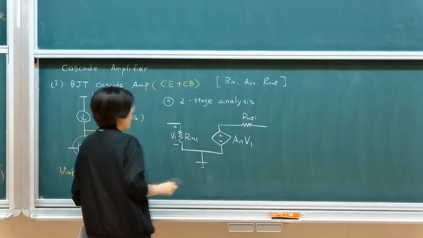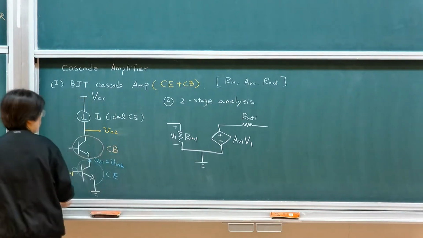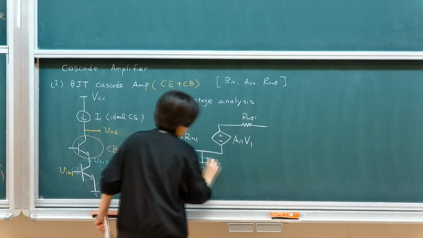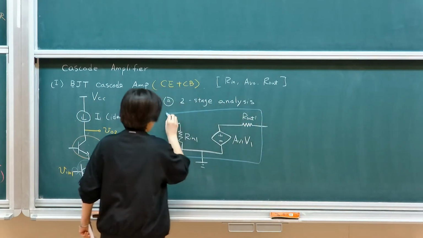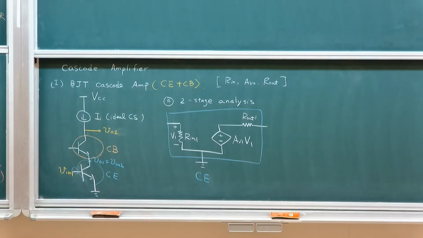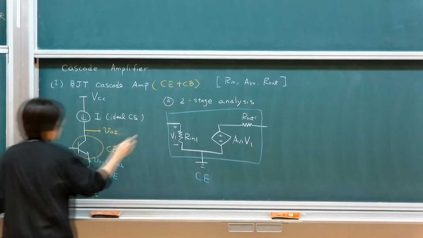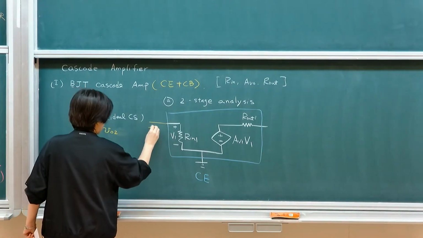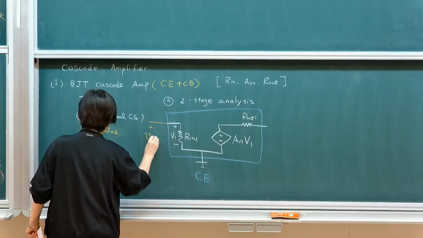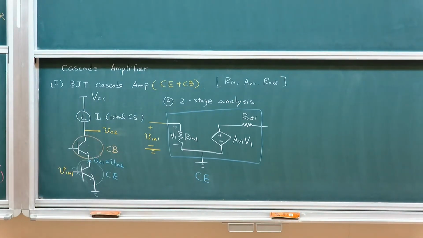I'm going to treat it as two stages stacked together. So this part will be my common emitter stage. And remember my input is coming in. This is V in 1. My overall gain should be VO2 versus V in 1, right?